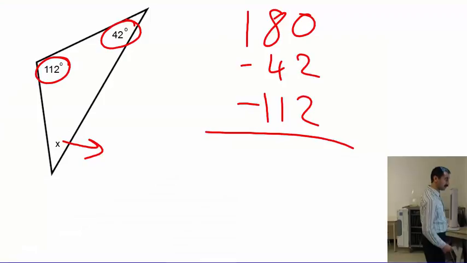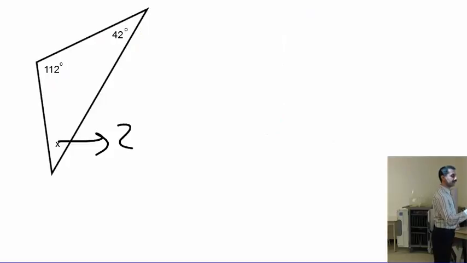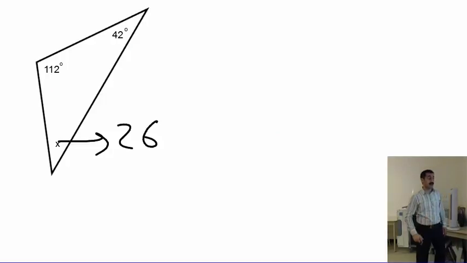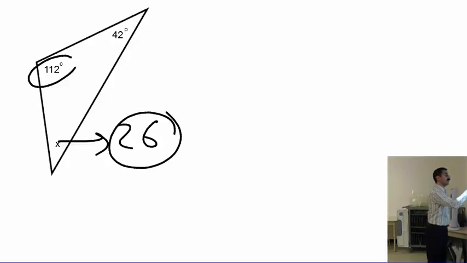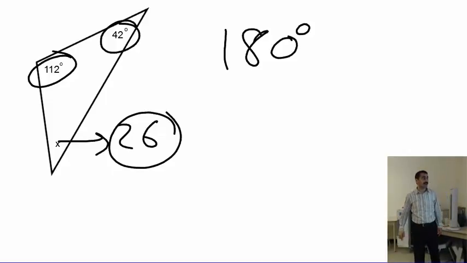So in other words, let's clear everything. This is 26. Add 26 with 112 and 42, you will get 180 degree. So that was rule number 2.